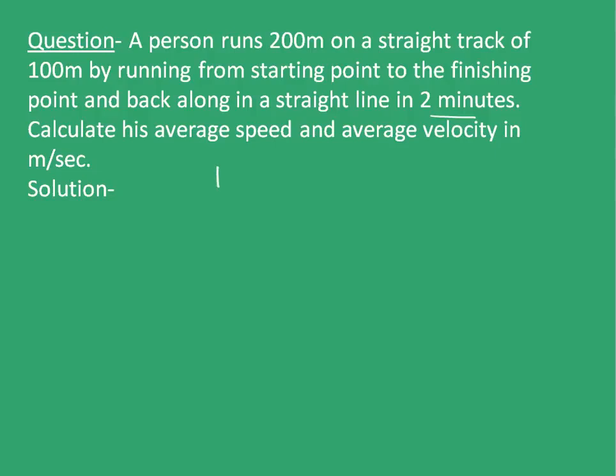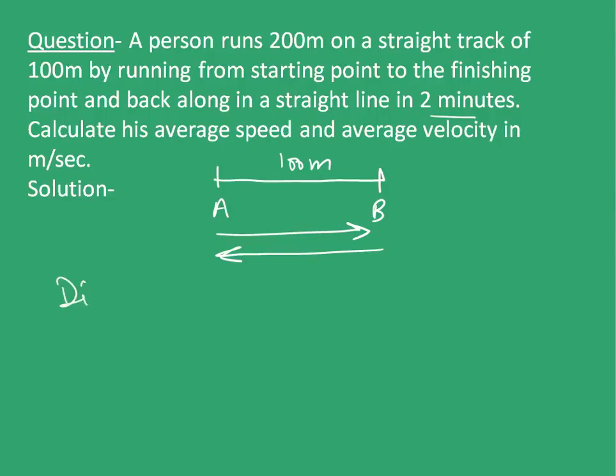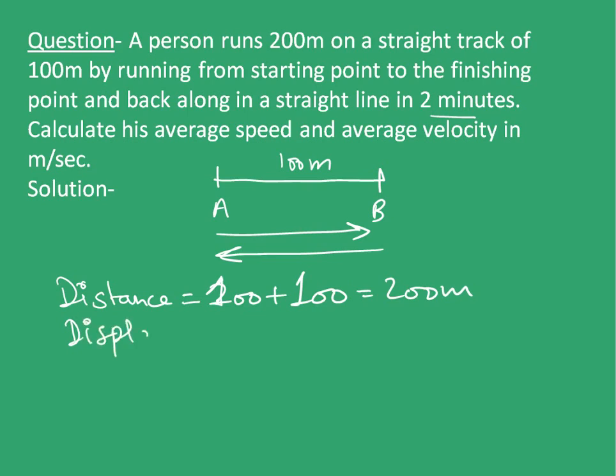We have been given that a person starting from point A to point B on a 100-meter track first goes from A to B, then comes back from B to A. In this process, the distance covered is 100 meters plus 100 meters, so 200 meters. And the net displacement, that is the initial position minus the final position, is 0 meters.